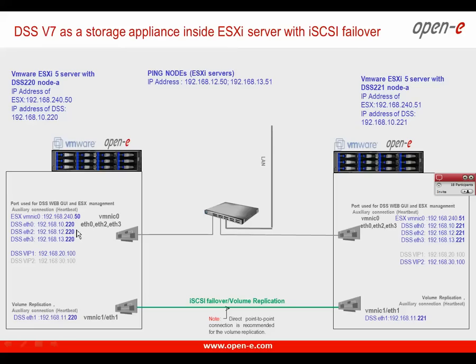As I mentioned, on the left side we'll have one volume in active state, and on the right side we'll have another volume in active state. They will of course have the pair volume on the opposite side in passive state. So we'll have two volumes here and two volumes here. We can maybe have 10 volumes here and 10 volumes here, and then 5 of them will be active on the left side, another 5 will be active on the right side.